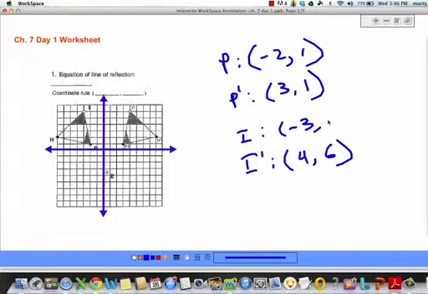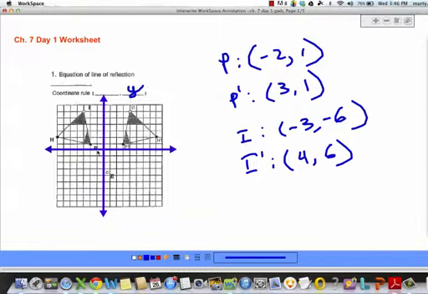So if you just look at these two points, you go from -2 to 3, and the y's stay the same. For I, you go from -3 to 4, and the y's stay the same. So in terms of what we are doing to the x and y coordinates to get from any one point in this figure to this figure, hopefully it's safe to say the y coordinate will stay the same, so we will end up with y right there.